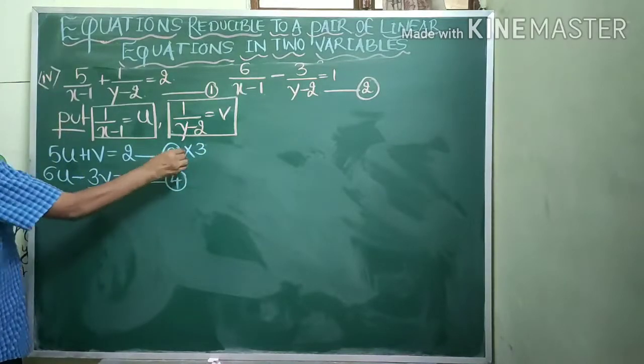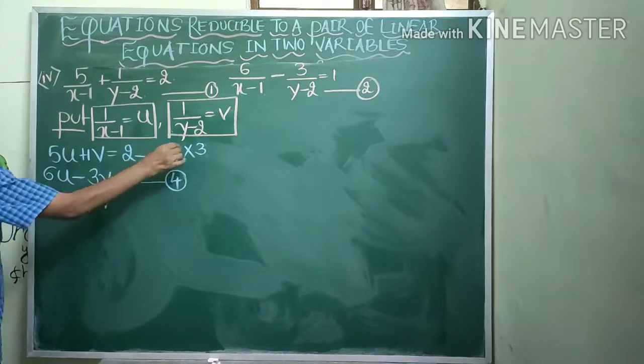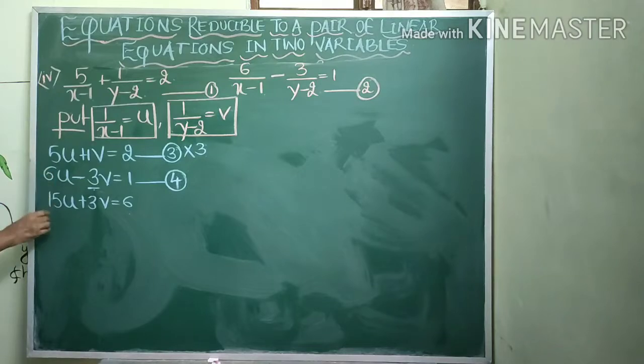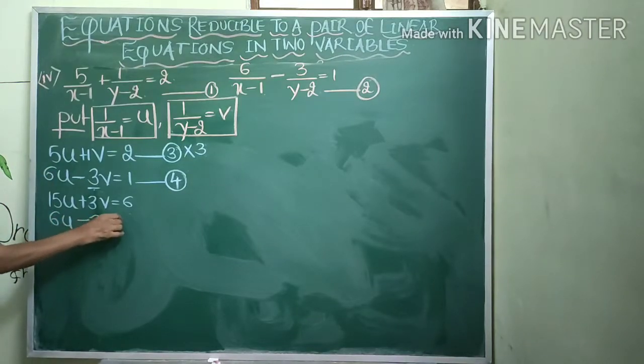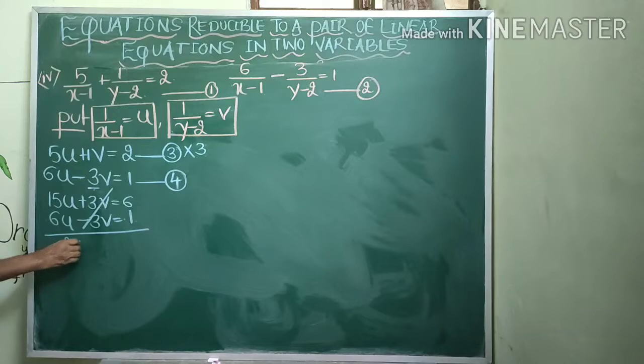If I do so, what I get is 3 into 5 is 15u, 3 into v is 3v, 3 into 2 is 6. Then this equation is 6u minus 3v is equal to 1. Plus 3v minus 3v, they cancel with each other. So 15u plus 6u is 21u is equal to 7.